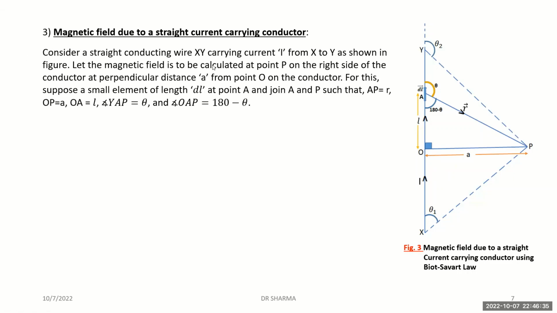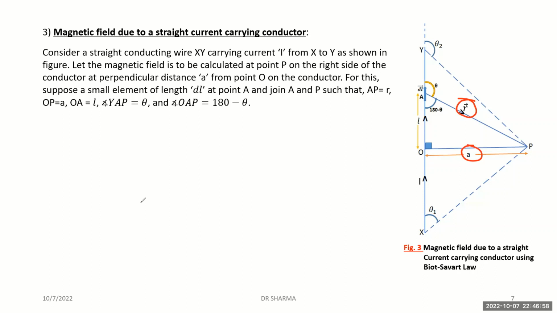After joining, we have some geometrical values that we need to write. OP is a fixed distance of the field point from the conductor. r is the radius vector joining the source point and the field point.